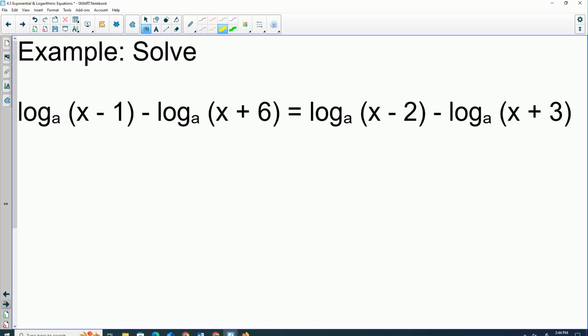Last problem of the day. Let's save the best for last. That's not that bad. It's only a few logs. A few.